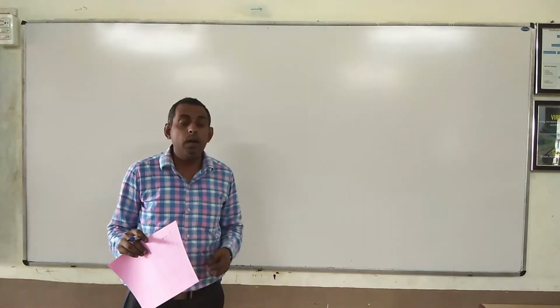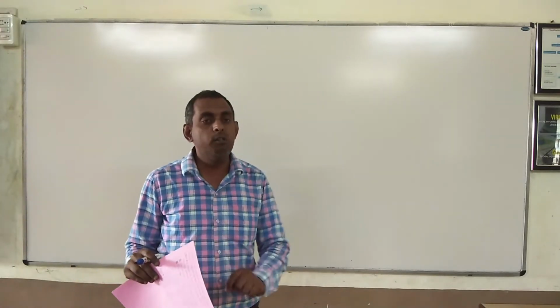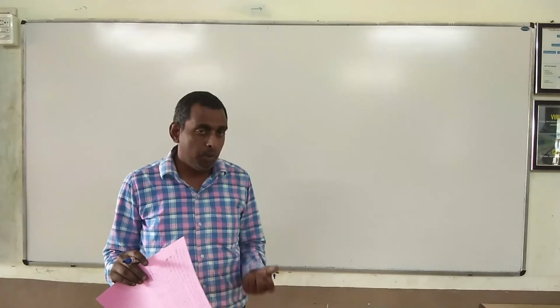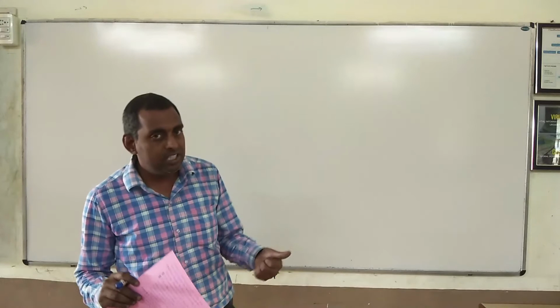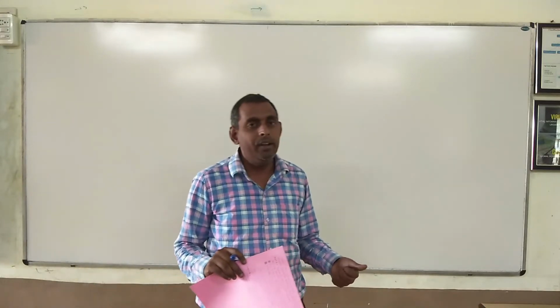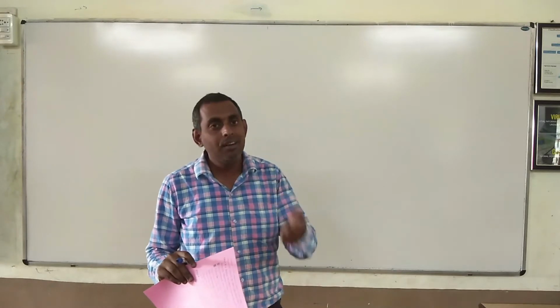So in this class we are going to study about the Hungarian method for solving assignment problem. In the previous section we have come to know what is assignment problem and how the mathematical formulation of assignment problem is done.